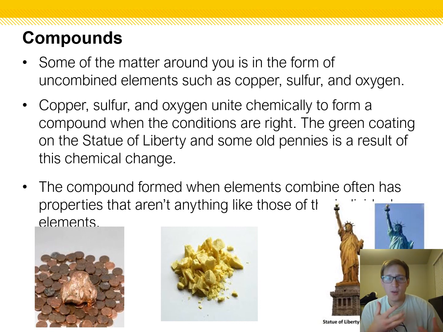So basically compounds are just putting together these elements to form something new. And like that last bullet says, sometimes the result has properties that aren't like any of the individual ones, and so the combination of all of them gives us something new.